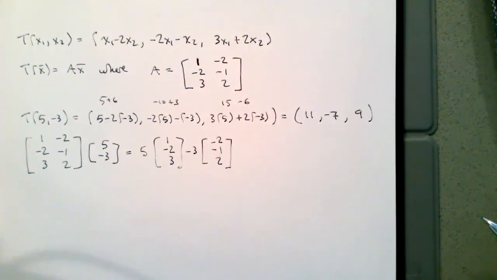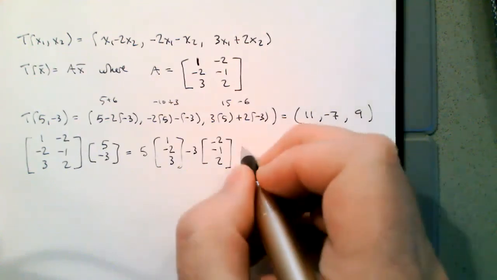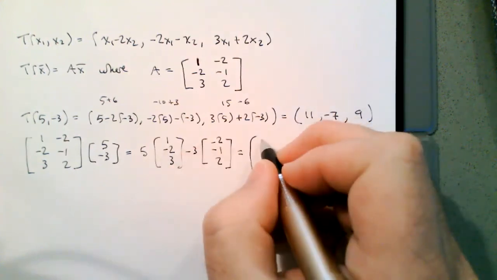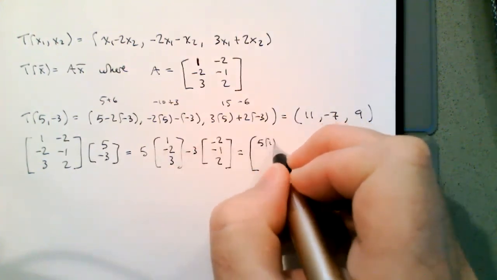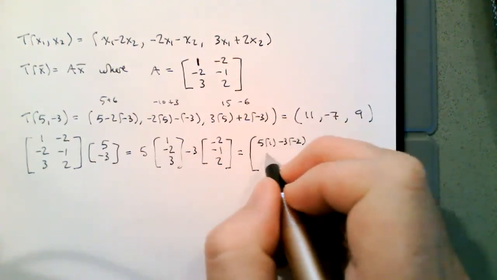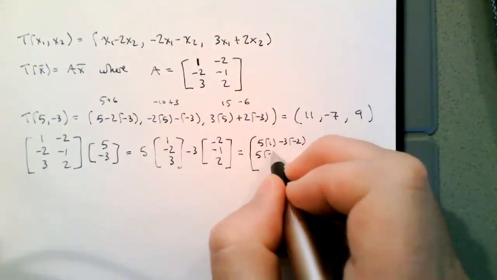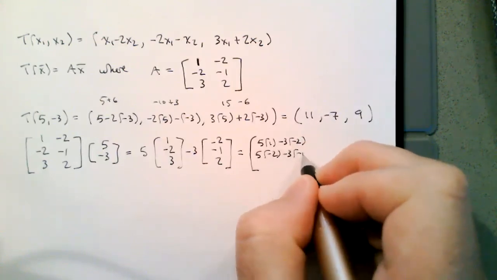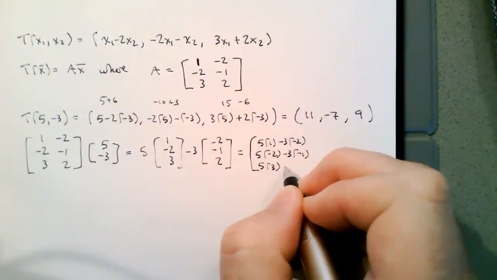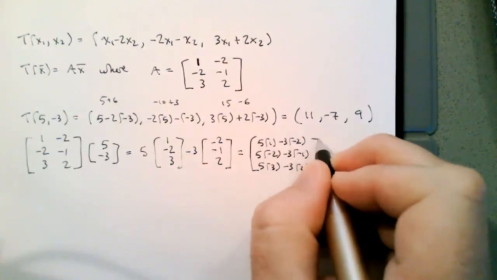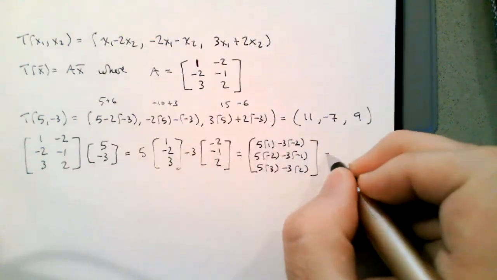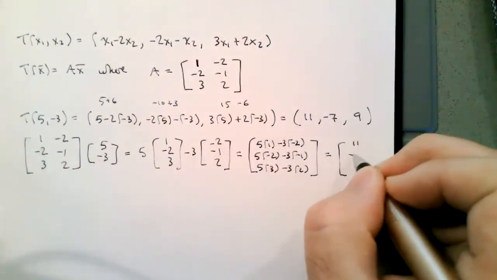And we can see that we're doing the same calculations. So it's going to be 5 times 1 minus 3 times negative 2. And there's going to be a 5 times negative 2 minus 3 times negative 1. And there's a 5 times 3 minus 3 times 2. It's the same 3 calculations we did above. And so we get the same vector, 11, negative 7, 9.